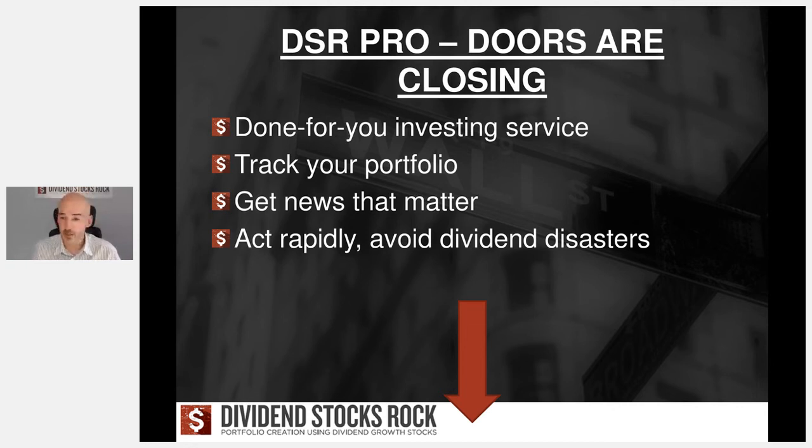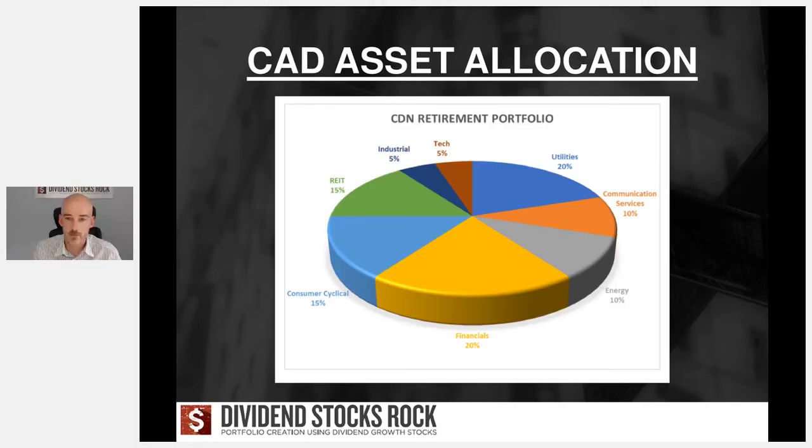The yield column, yeah. If you look at the yield, I'm just going to go back. Well, just the Canadian one. The yield is just when we actually make the selection, because this is always going up and down. Basically, it's just the dividend divided by the stock price. So that was the current yield about a month ago when we built the portfolio. Obviously, this is moving all the time.